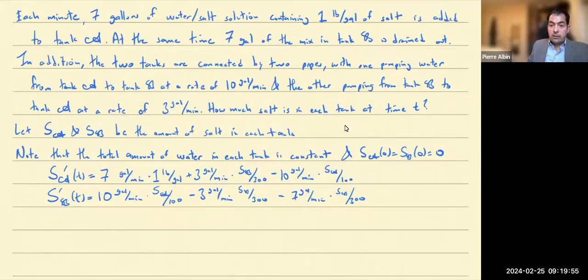Okay, so we get these equations from the picture, and we can rewrite them.